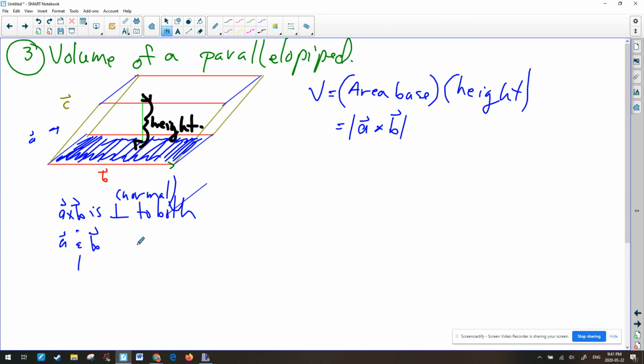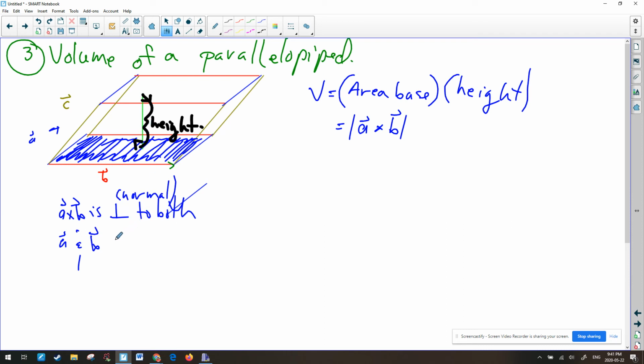So A crossed with B is normal to this. Why is that useful to us? Well, if we took vector C and we projected it onto A crossed with B, what we would get is the height of this.